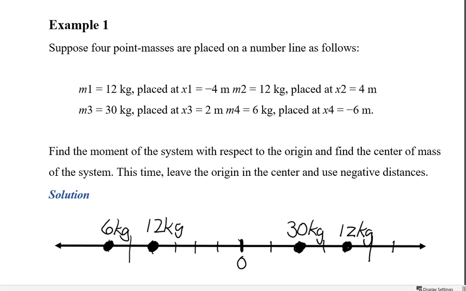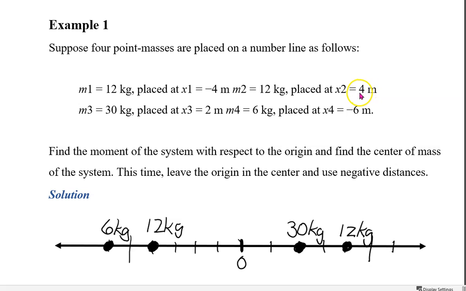Let's look now at example 1. Suppose 4 point masses, 4 discrete objects, are placed on a number line as follows. Mass 1 has 12 kilograms of mass, and it's placed at x1, negative 4 meters from the fulcrum. Negative 4 meters means on the left of the fulcrum. Mass 2 of 12 kilograms is placed at x2, which equals 4 meters.